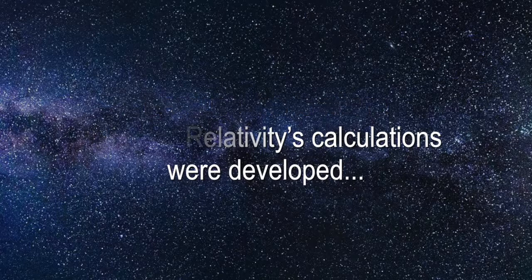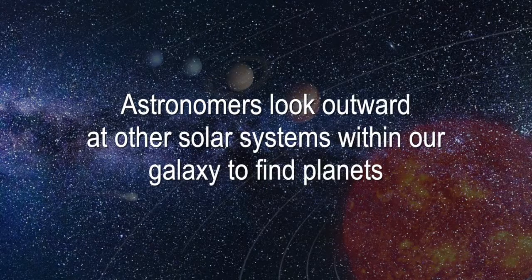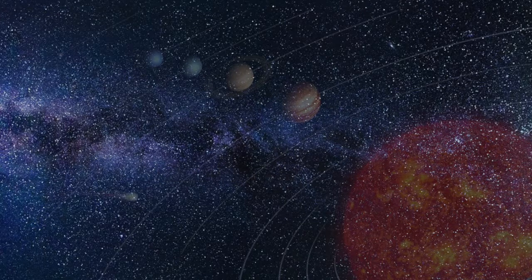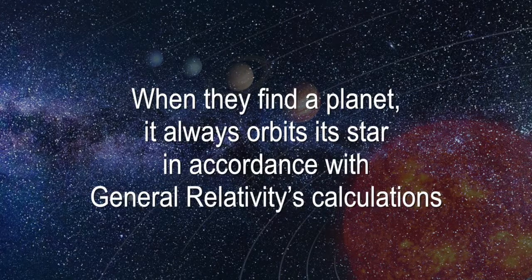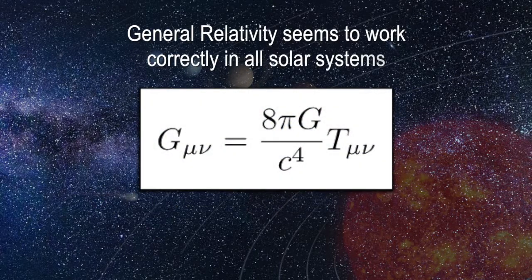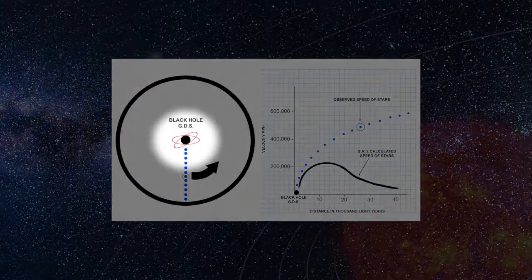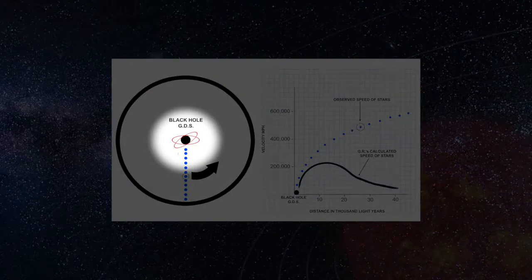Also, from our solar system, astronomers look outward at other solar systems within our galaxy to find planets. When they find a planet, it always orbits its star in accordance with general relativity's calculations. General relativity seems to work correctly in all solar systems, and also close to all centered masses of galaxies.